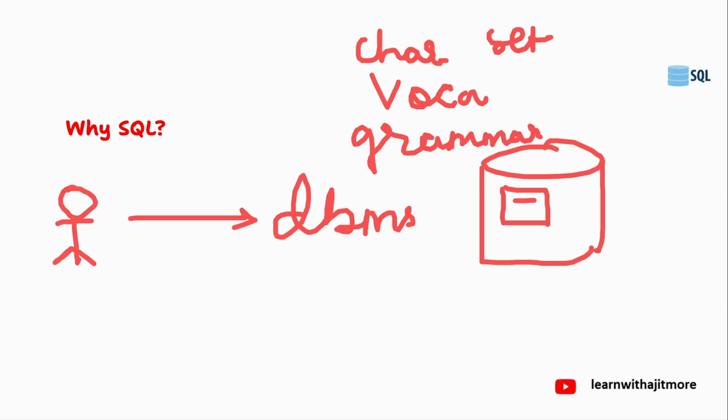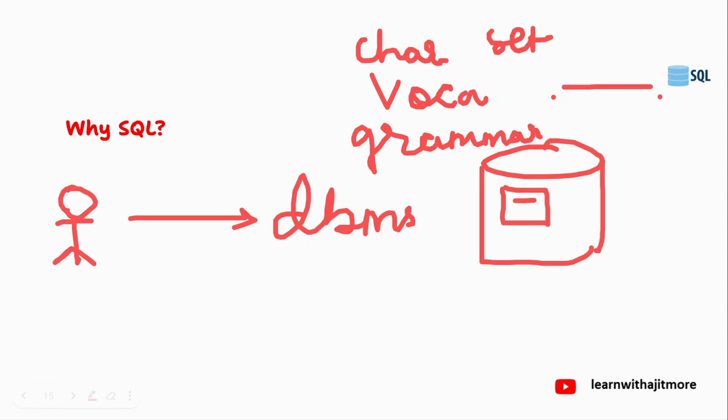Then using that grammar, that character set and that vocabulary, you build sentences. And then those sentences act as communication. Will that sentence convey something from one person to another? Whatever sentence is built using that grammar, vocabulary and character set is delivered from one to another. So it is acting as information transfer. It is trying to communicate something to someone.